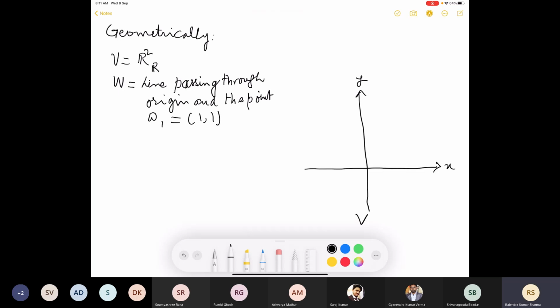So you can see that this is basically the line that passes through the origin and the point 1, 1. So this is the line y is equal to x. So this is W. And this is the point, you can say this is 1.